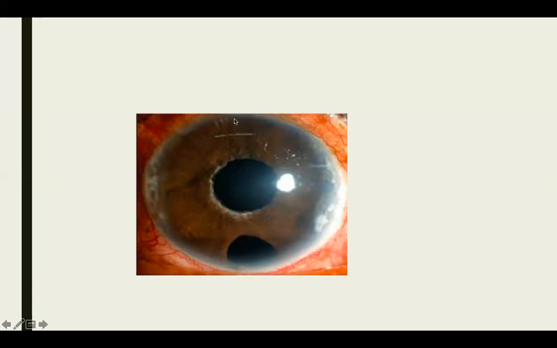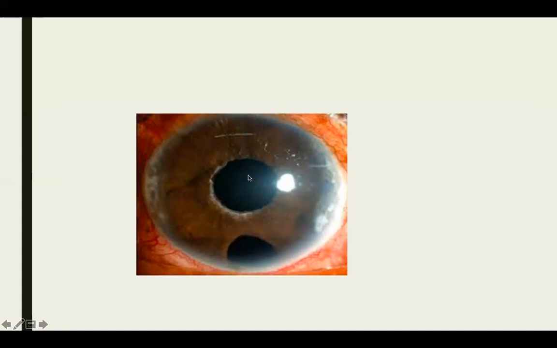But if we put silicone oil in the eye and make the iridectomy superiorly, the silicone oil will go up and block the pupil and also the superior iridectomy. So whenever we put silicone oil in an aphakic eye, we need to make the iridectomy inferiorly, and that is called Ando iridectomy.